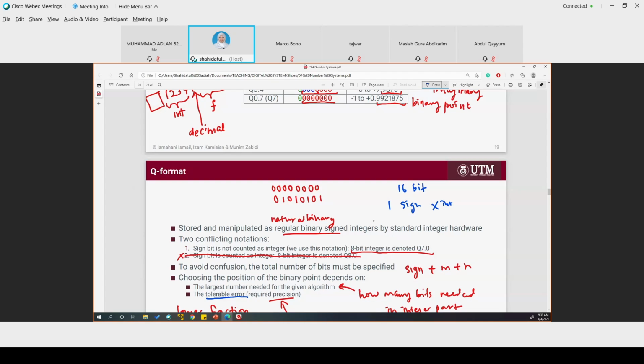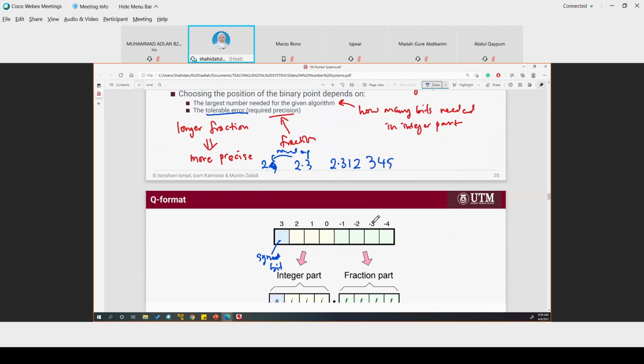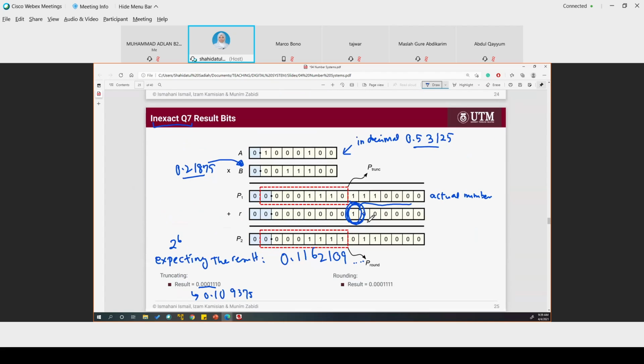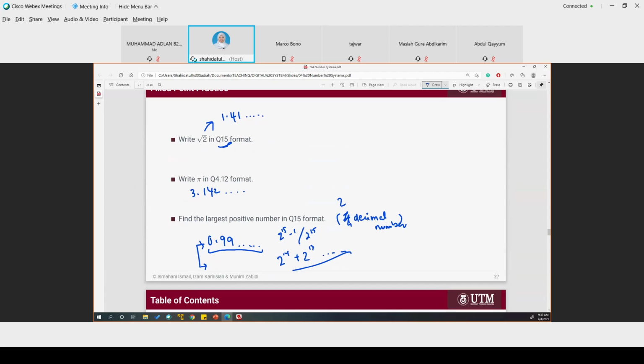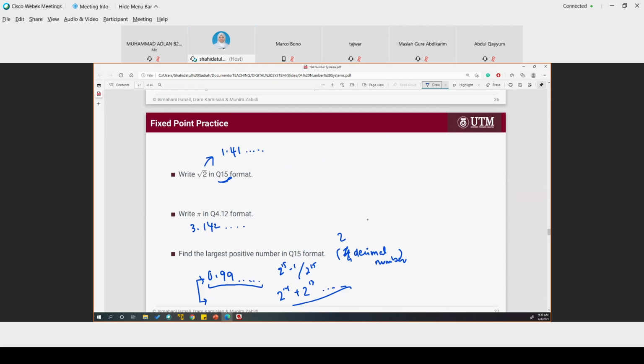And since we already use 1 bit for sign, we are left with 15 bits for fraction. So that's why it is called Q15 or Q0.15. Okay? Not Q1.15. Because we reserve 1 bit for sign.